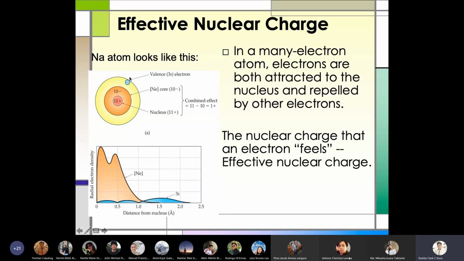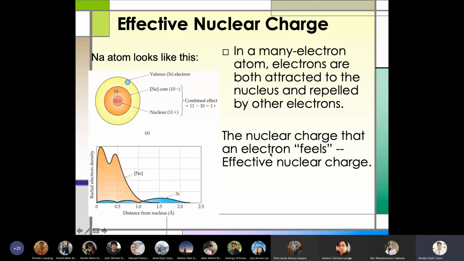Below that valence electron for sodium are 10 electrons, so 10 core electrons. When you talk of nuclear charges, it is just the charge or the amount of attraction that this valence electron feels, the effective nuclear charge.